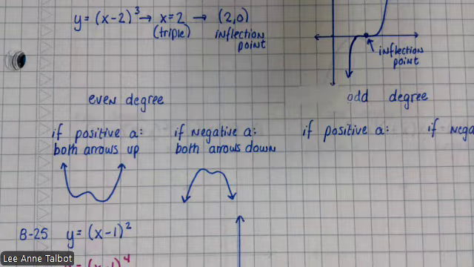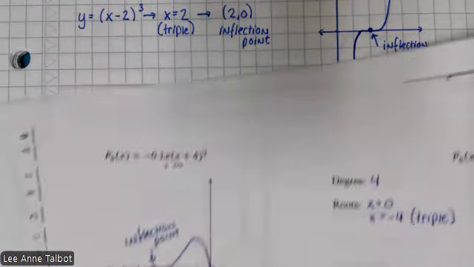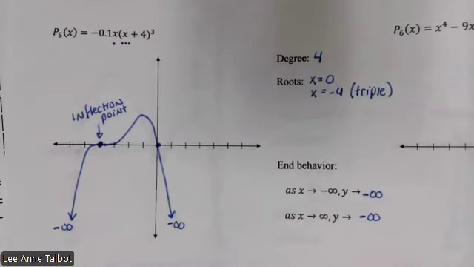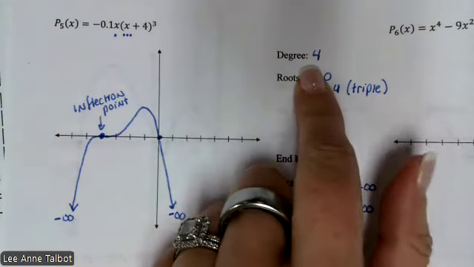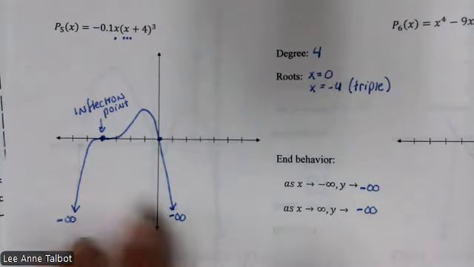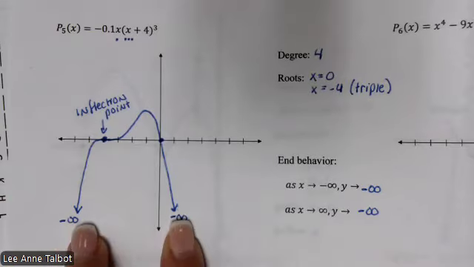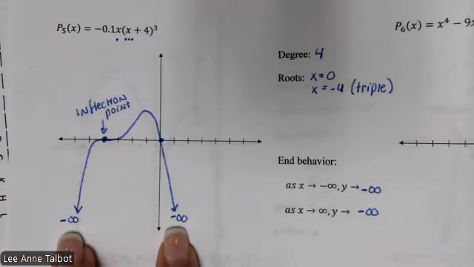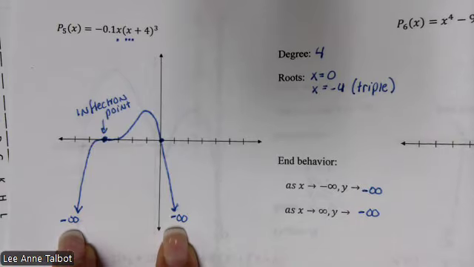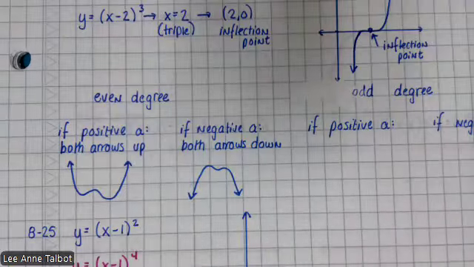Did we do one of those yesterday on our resource page? You don't have to look, I'm looking. Yup. Here's this guy, degree 4, which is an even number, and negative in the front. So both arrows are going down. Okay, are you with me so far?